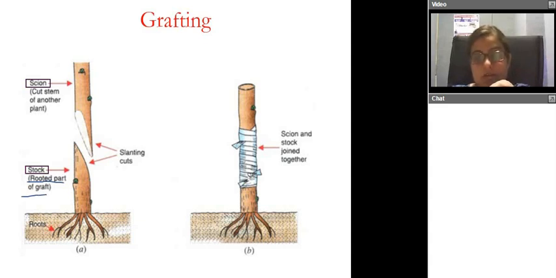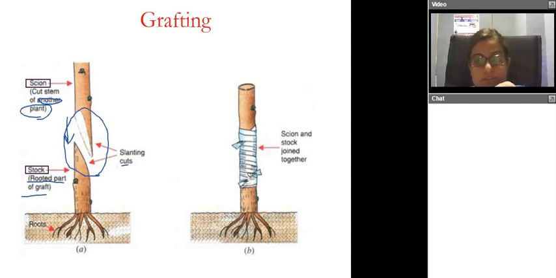And the scion is the plant which is grafted onto the stock. So it is another plant with higher quality and variety of yield. Both the stock and scion are given slanting cuts and then are joined with each other by means of cellophane.